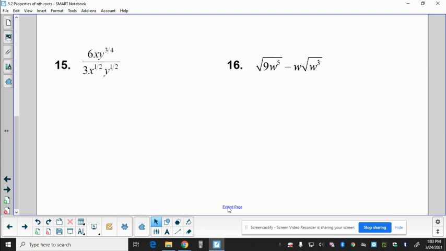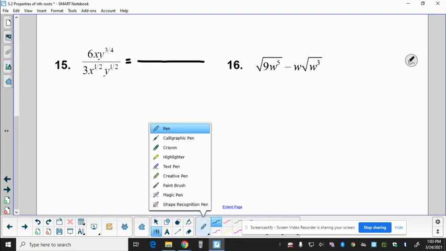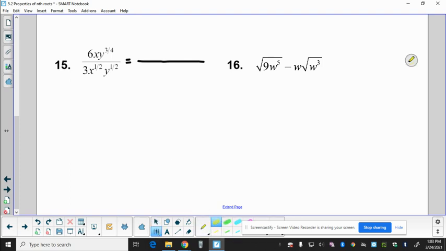All right, for number 15, I guess what I would do is get ready to do this problem and perhaps highlight some things about the numbers. 6 divided by 3 is 2, right?